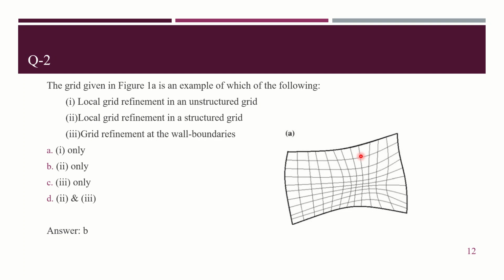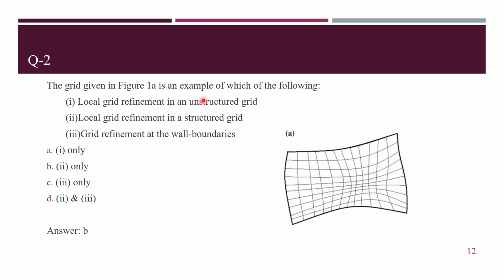Second one, it is local grid refinement in a structured grid. Here the cells are not uniform. In a few areas the cells are refined so much, and in this area the length is more than the height. So we can say that local grid refinement has been done, and since it is in a structured grid, option 2 is correct.